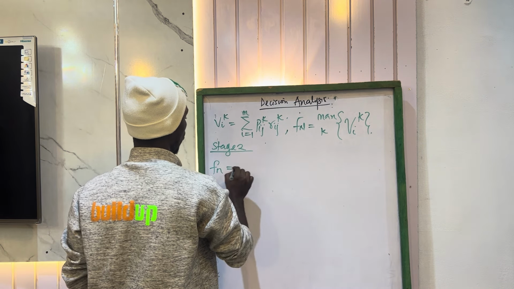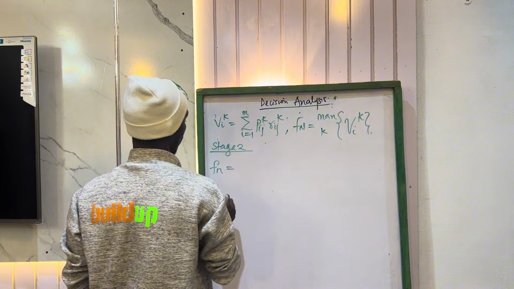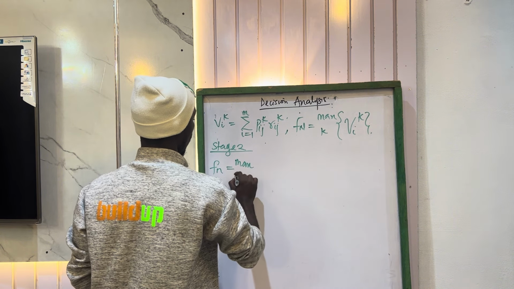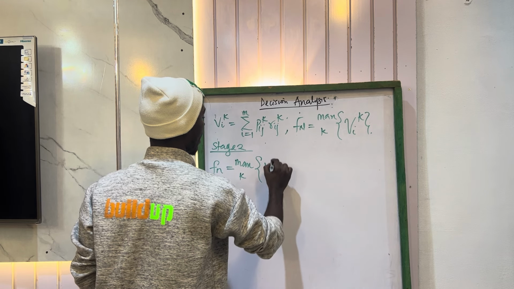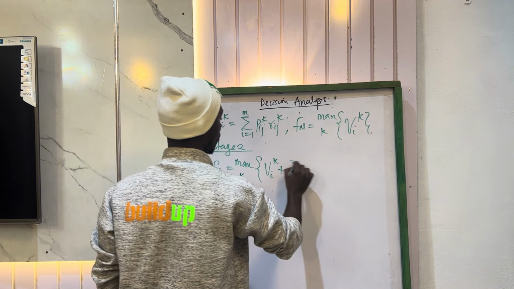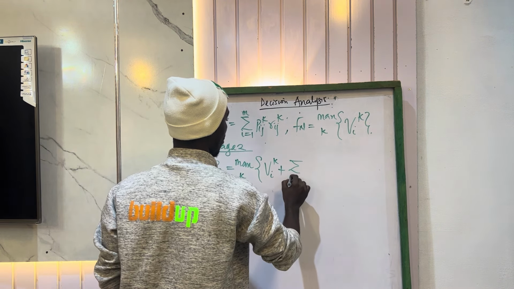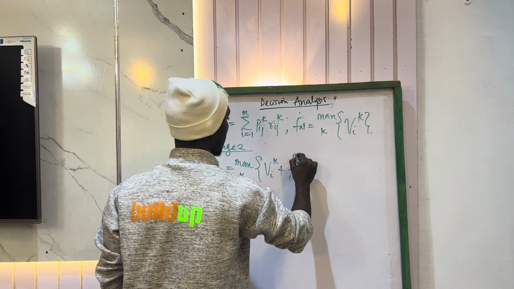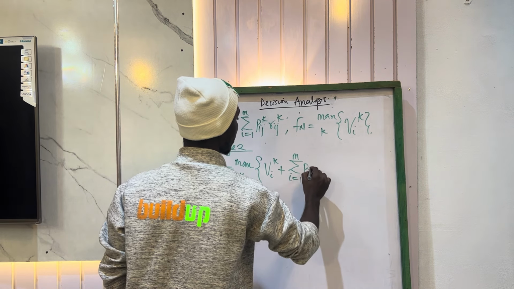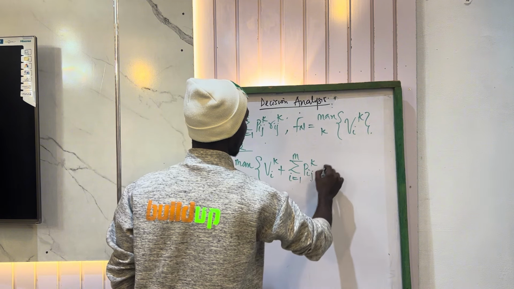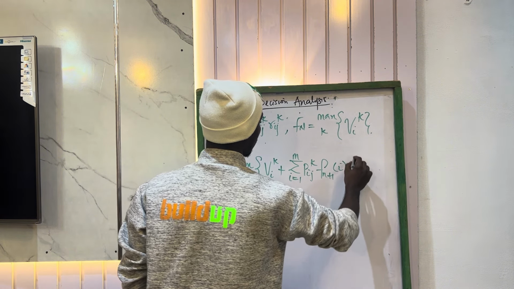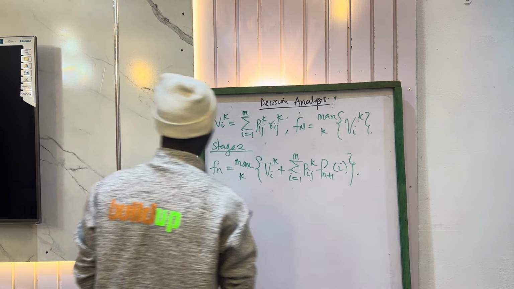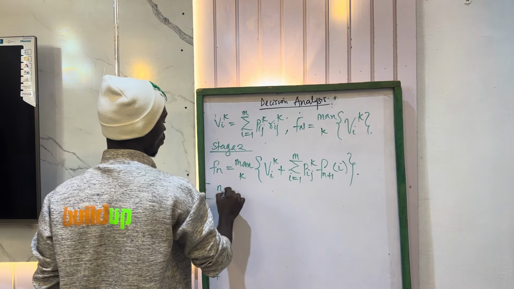So Fn equals max over K of Vik plus the summation of I equals 1 to M of the probability Pij, K, then Fn plus 1 of I. So this is it. Now since we are under stage 2, that is N equals what? 2.